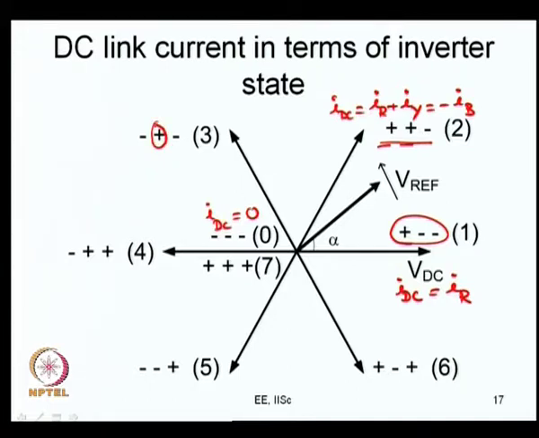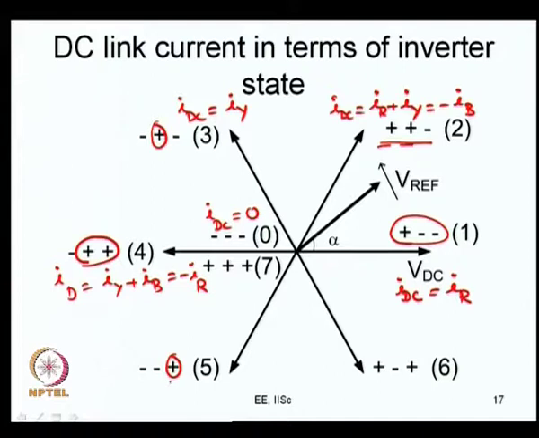Only SY is equal to 1 in this case, and therefore IDC equals IY. Then how about inverter state 4? SY is 1, SB is 1 and SR is 0. Therefore, IDC equals IY plus IB, which is equal to minus IR.